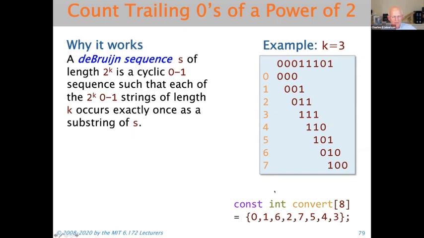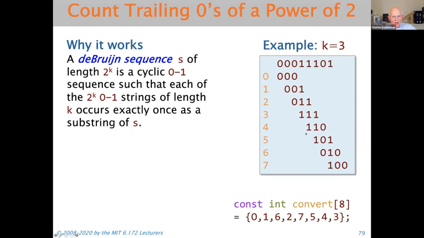So, for example, if I've done a cyclic rotation of the de Bruijn string, and I see 0, 0, 0 in the high order bits, I know I didn't rotate at all. If I see 0, 0, 1 in the high order bits, I know I rotated 1.